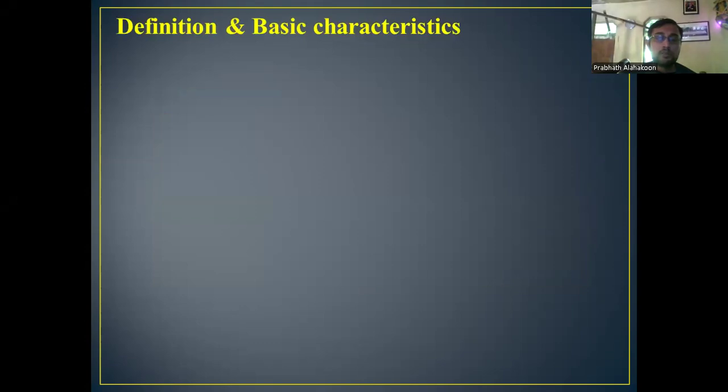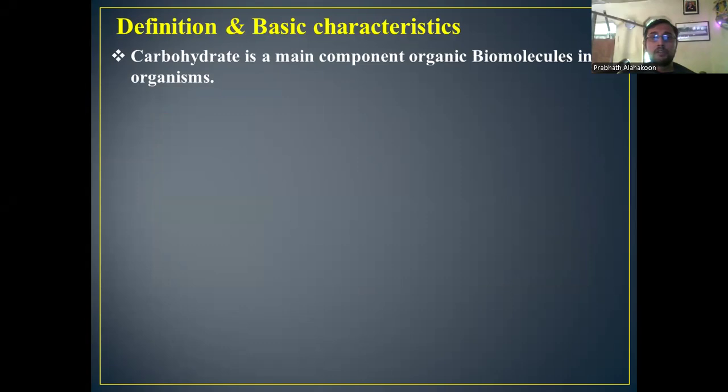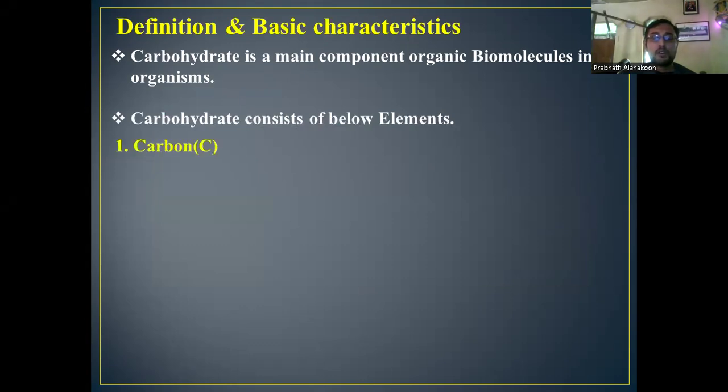Next, we discuss the definition and basic characteristics of carbohydrates. Carbohydrate is a main component, an organic biomolecule, in organisms. Carbohydrates consist of the elements carbon, hydrogen and oxygen.